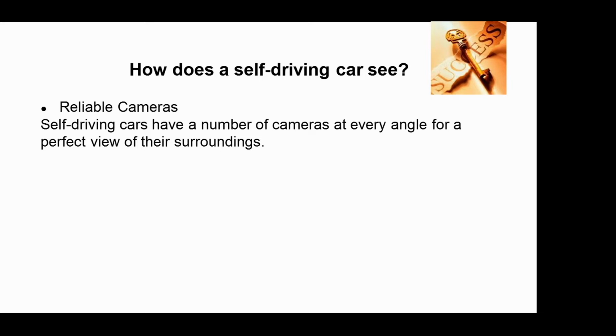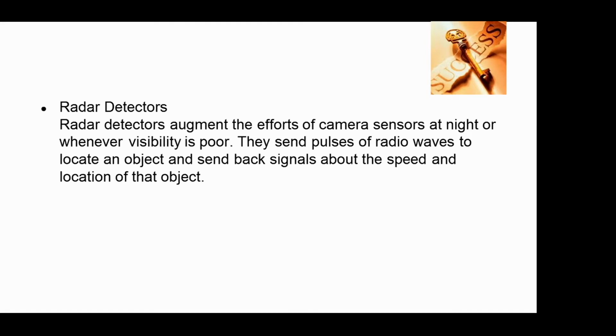And to enhance the light, we are using the radar detectors. So radar detectors augment the capturing power of camera sensors at night or whenever the visibility is poor. So this is an example of a self-driving machine learning application.